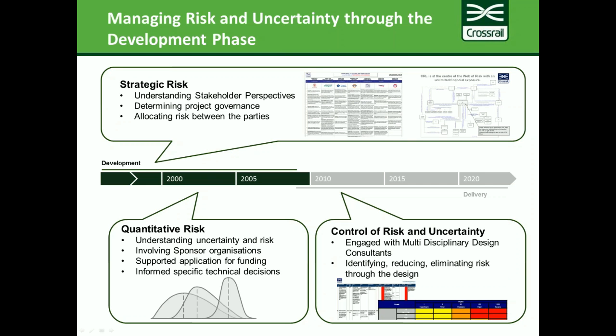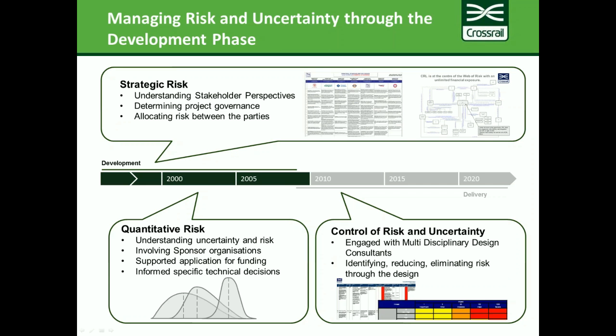The scope and scale of this project meant that a lot of organisations were involved in the design and development activity, and risk management was a key part in how those organisations developed their designs and progressed the project. And you can imagine a design process is all about managing uncertainty, identifying uncertainty, dealing with it, managing risk, and the risk management process was well embedded in that process.